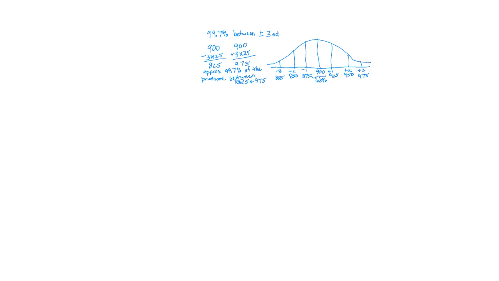So again, let's do it this way. All right, suppose the mean, just make up a really easy one. Mean is say it's 200 and the standard deviation is 3.